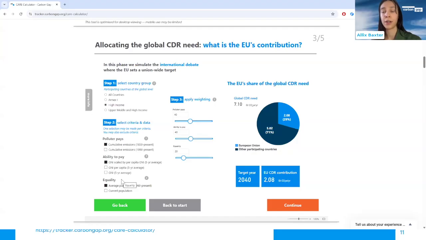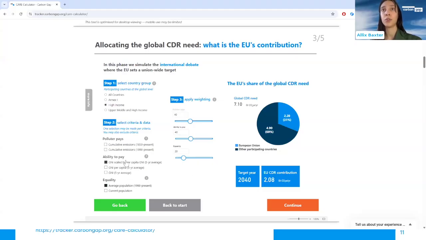So those countries that are more financially capable, should they have a greater responsibility to deploying CDR? Or do we take a more egalitarian approach and say every individual has equal responsibility to CDR, and therefore just based on population size?